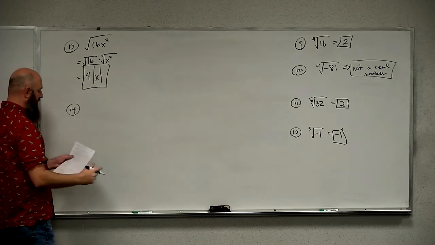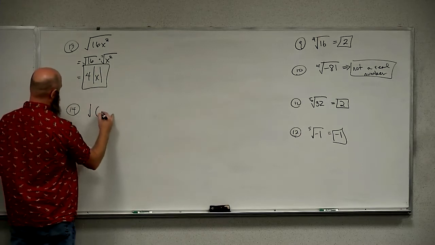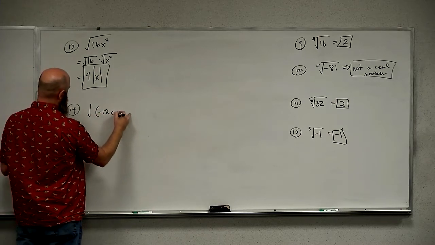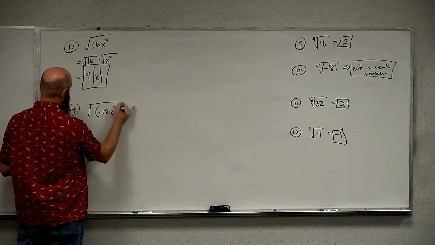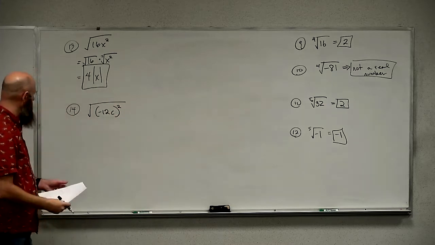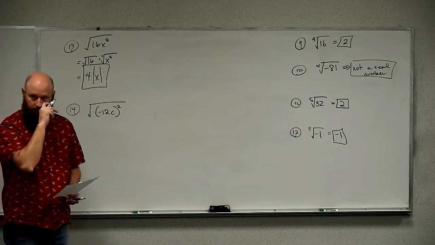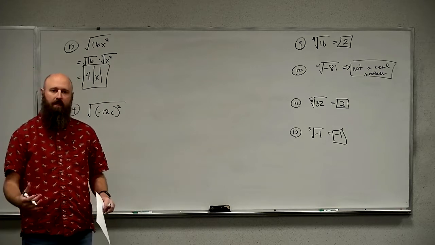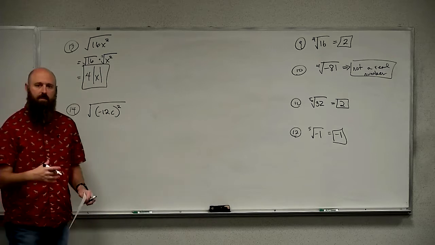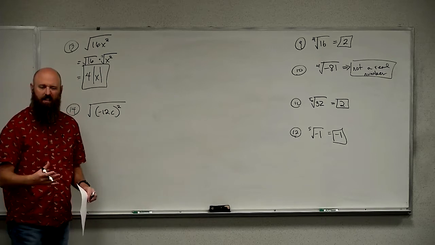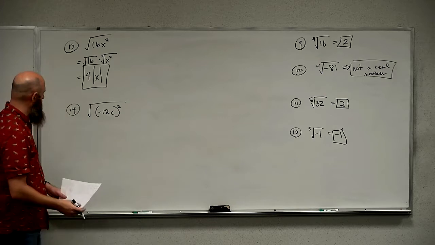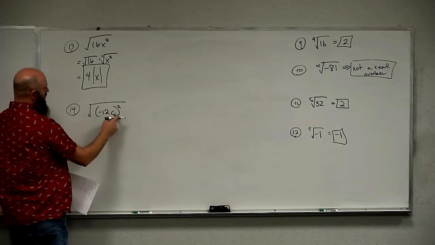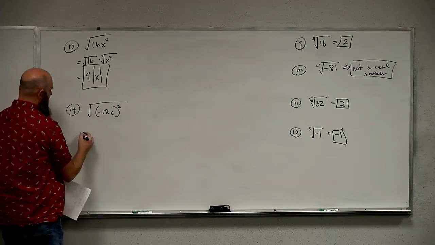All right, now what if we have the square root of (-12c) squared? Now, there's a couple of different ways. I'm going to go ahead and work this completely out so that we can see the pieces to it and not get too confused here on those, okay? So when we square a parentheses, we square everything inside.